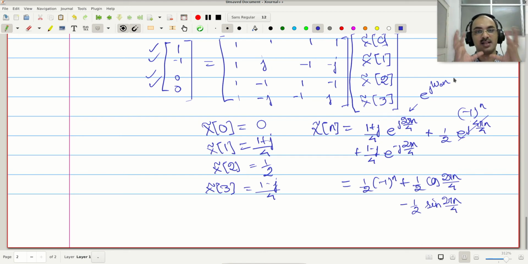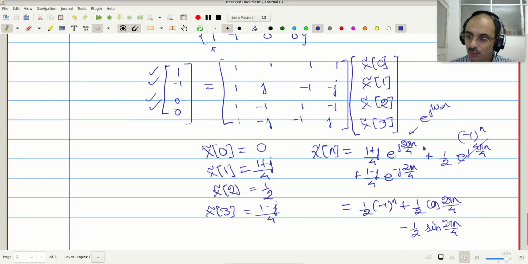You can express the sequence as summation of deltas or summation of complex exponentials when you have a periodic extension. Why did we have to do periodic extension? The moment you write e power j 2 pi n by capital N or something of the sort, it becomes periodic with period n. Even by doing the periodic extension, we will be able to say something about the frequency. That is the key that we're going to look at.